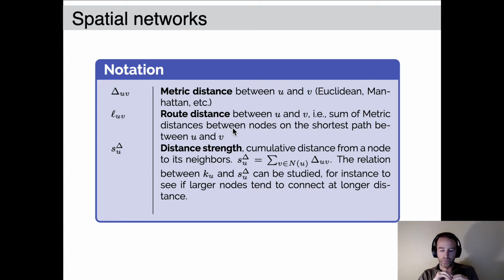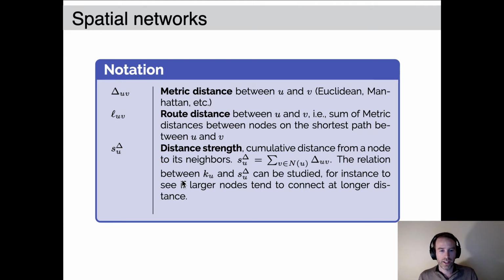The route distance from u to v is the sum of all the distances between the nodes on the shortest path. You take the shortest path, you take the sum of distances, and you get the route distance.